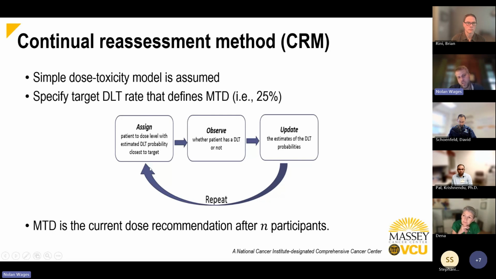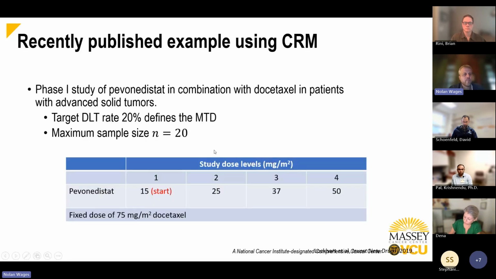Once we get these estimates, we assign the next cohort to the one with an estimated DLT probability closest to my target of 25%. So we're using the statistical model and the data at every dose level to make a recommendation for each incoming cohort of patients. And the MTD is the current dose recommendation after N participants have been accrued, or we have some stopping rule that's predefined in the protocol.